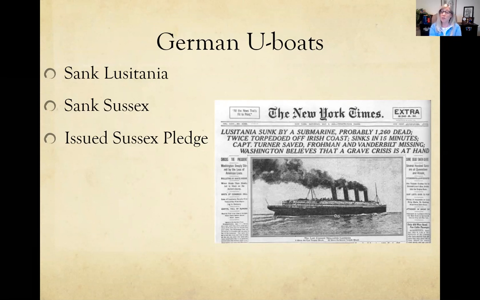So they issue what's called the Sussex Pledge, which says, we're sorry, we won't sink any more passenger ships. They claimed that there were actually munitions being snuck across the Atlantic on the passenger boat, and when they sank it, it turned out that they were actually right. So later on, that was proven to be true, but at the time, nobody knew that.